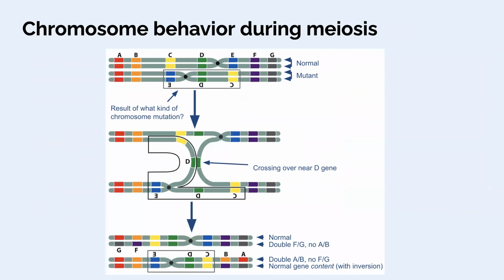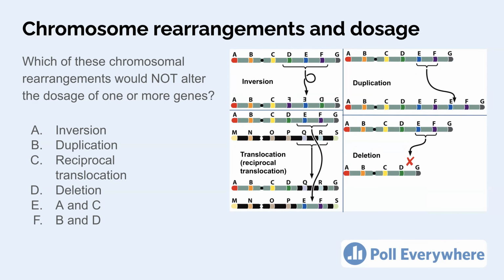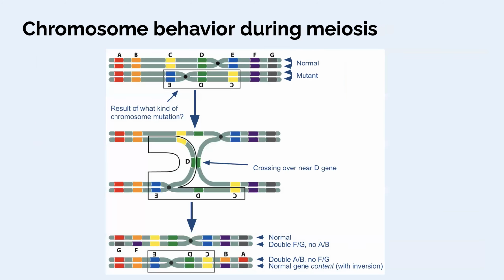So dosage, we can look at the dosage in the cell that has the chromosomal mutation, or we could look at what happens to that chromosome as a result of its chromosomal rearrangement during meiosis, during mitosis. I always hesitate a little bit to show this slide because it is kind of involved and it's a rather special case situation. But what they're showing here is an inversion, right? So we go CDE, shifts the position of the centromere a little bit.